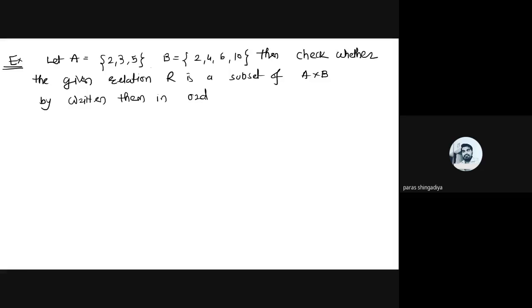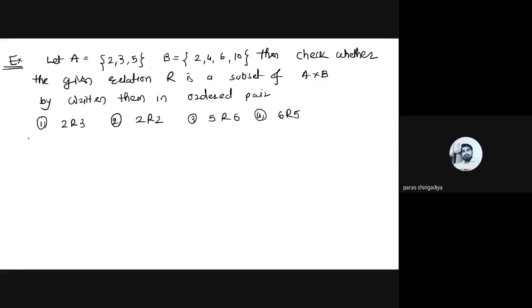In ordered pairs, the first one is 2R3, the second one is 2R2, the third is 5R6, and the fourth is 6R5.